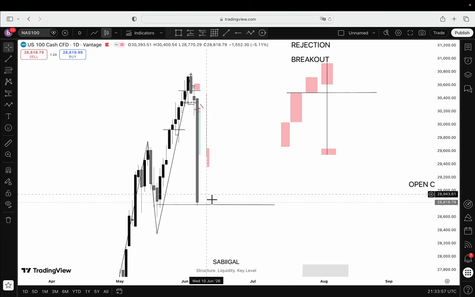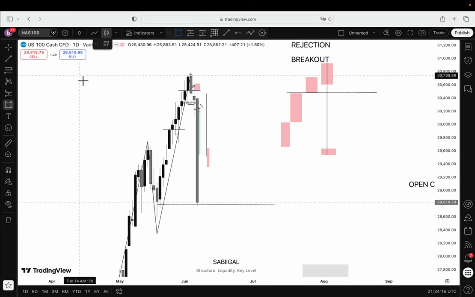Another thing you should notice is that sometimes there can be a rejection in the daily and in the 4 hours, but the breakout has not occurred, and the breakout is kind of far. That kind of trade is considered really low probability. I've seen that kind of trade, I think last week.